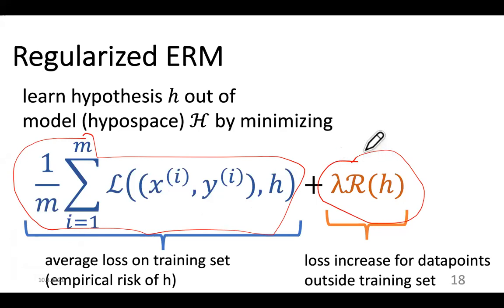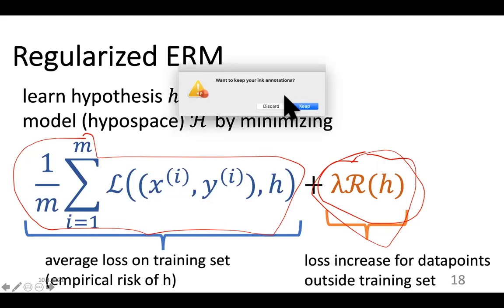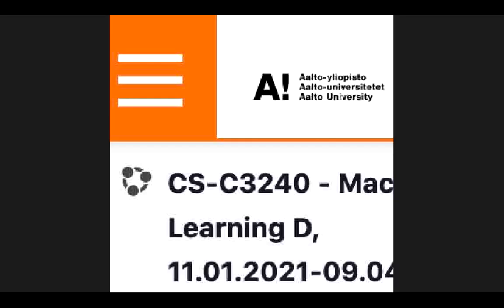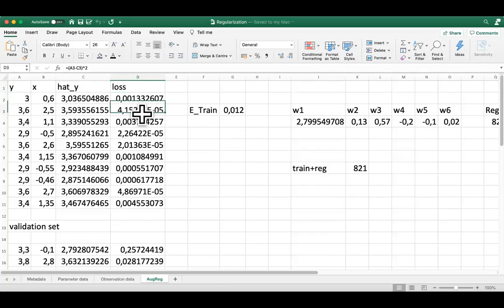So this term somehow estimates by how much larger the errors are on the validation set compared to the training set. When we look back at the spreadsheet, here we have the loss on the training set. This is the first component in this formula I showed you. This is the training error, and this is quite small.